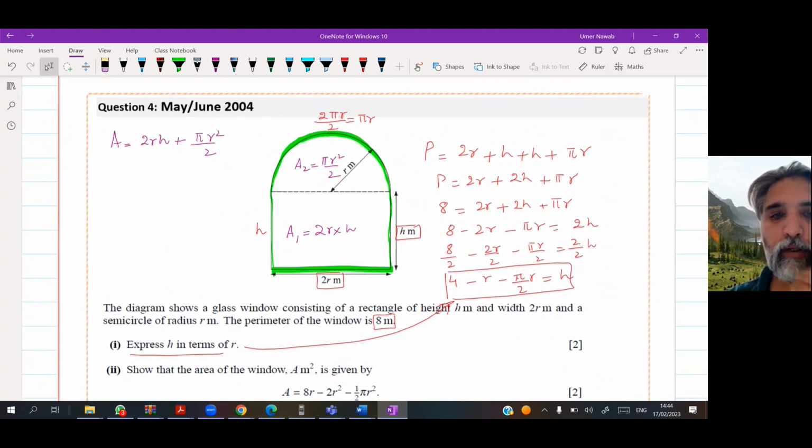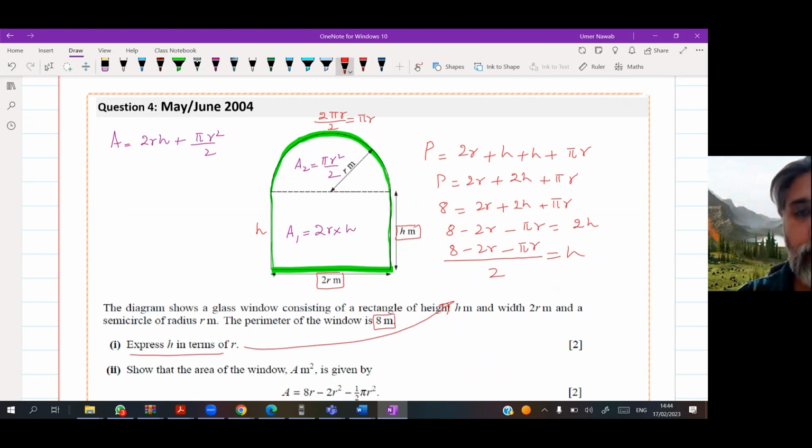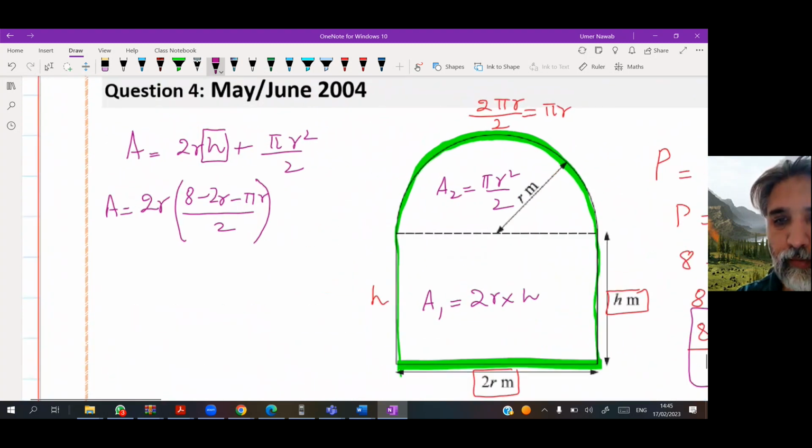So guys, can I just change it to this form, because I think students might have a problem. I'm just going to divide by 2 here like this. Okay, and then I'm going to plug it here. A is equal to 2r. In the place of h, I'm writing this expression: 8 minus 2r minus pi r, whole divided by 2, and plus pi r squared divided by 2.